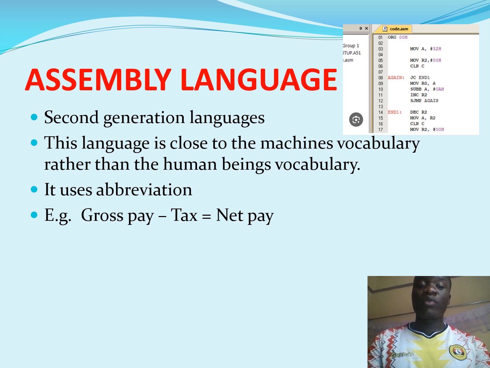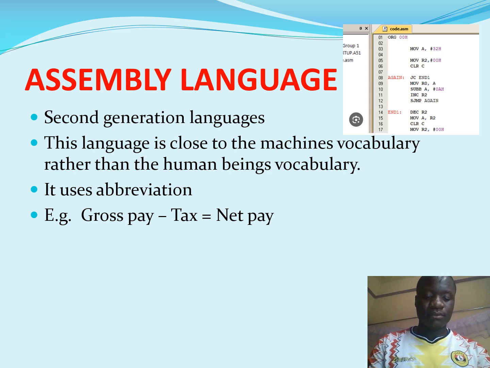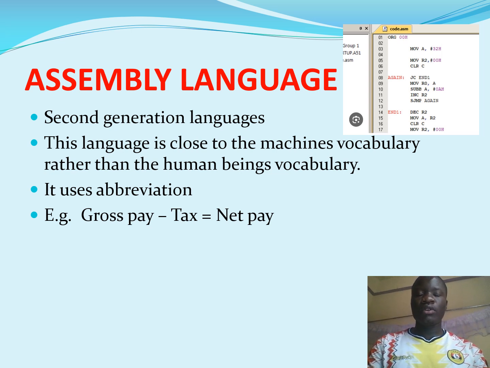Now, assembly language was developed to help solve the problem of machine language. Remember, machine language is hard to understand because it uses binary digits. But when you come to assembly language, it has abbreviations.